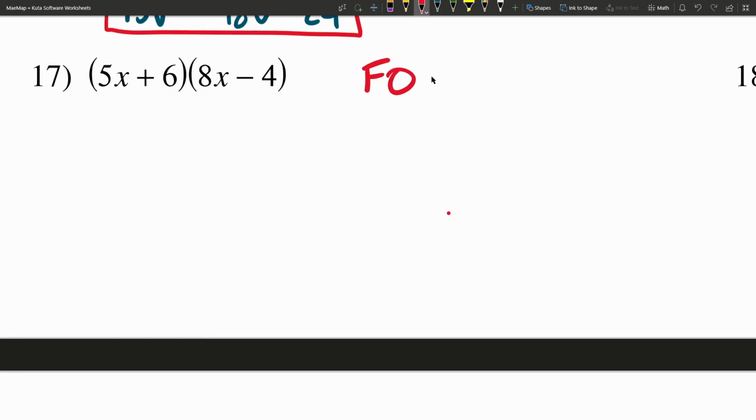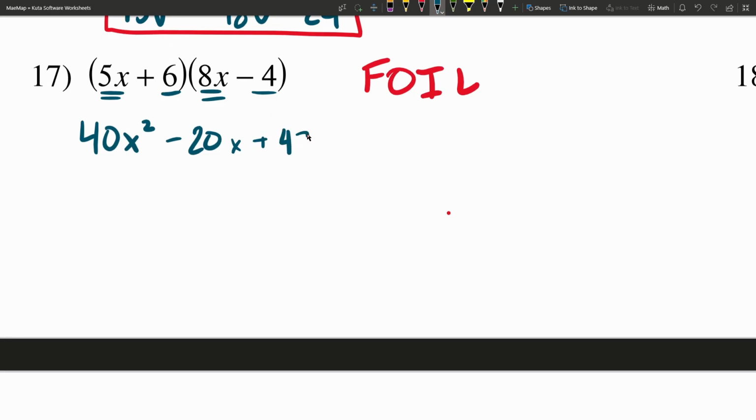FOIL. First, outside, inside, last. So first terms, 5x and 8x, is going to give me a 40x squared when multiplied together, plus 5x times a negative 4 is going to be a negative 20x. So I will be subtracting 20x. And then our inside terms multiplied together, 6 and 8x, that's going to be a positive 48x.